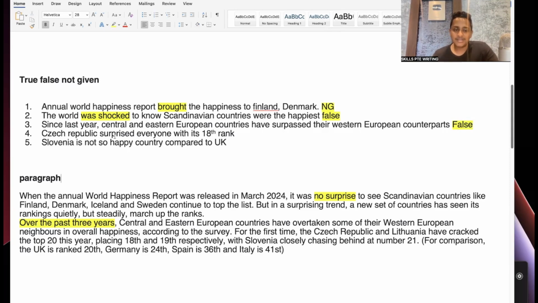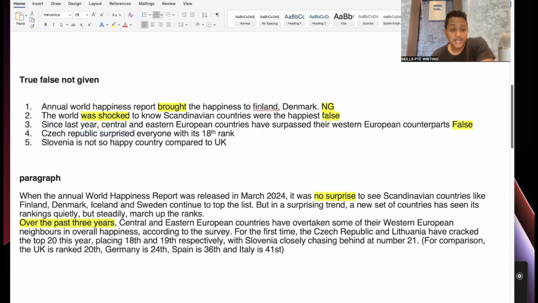Czech Republic surprised everyone with its 18th rank. True, is it? Ritika says false. Kavita says false. If you say false, it means Czech Republic did not surprise anyone.